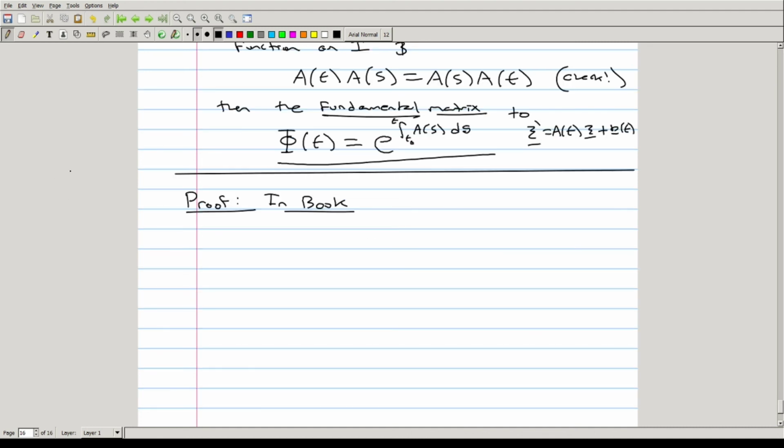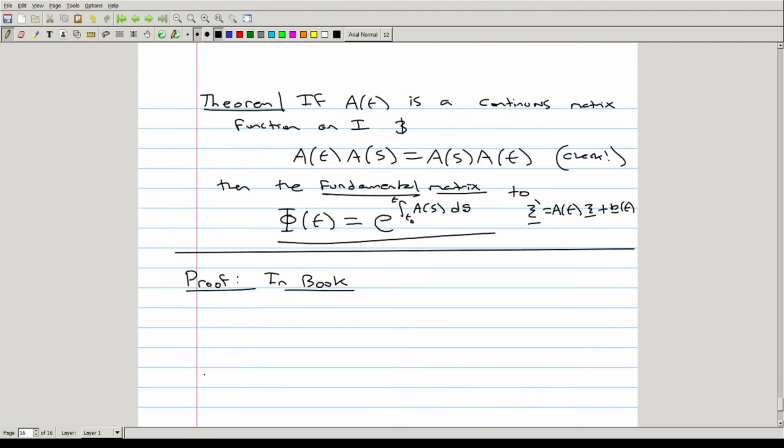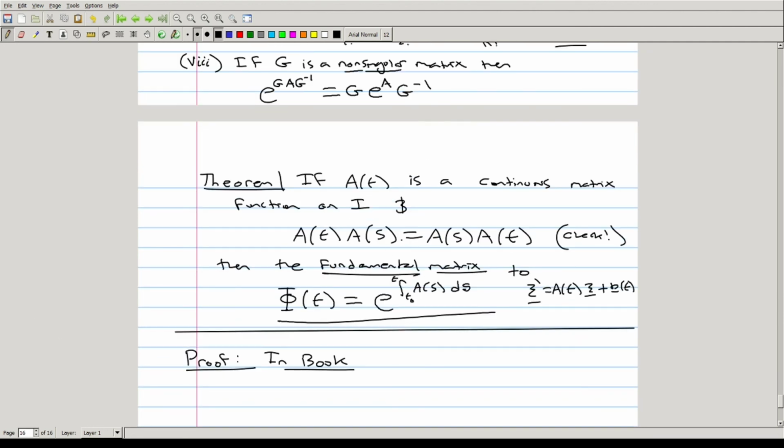So what we've seen is that, to summarize, for a given inhomogeneous system of possibly variable coefficient ODEs, if the matrix A of t satisfies certain properties, specifically this property right here, we can go through and construct the fundamental matrix. And even if it doesn't satisfy this property, there are ways to go through and construct the fundamental matrix.